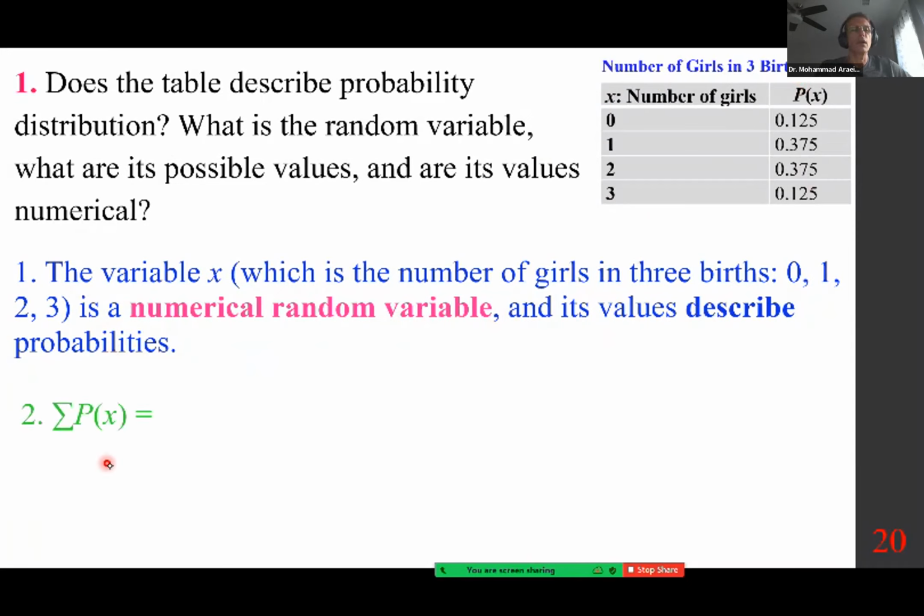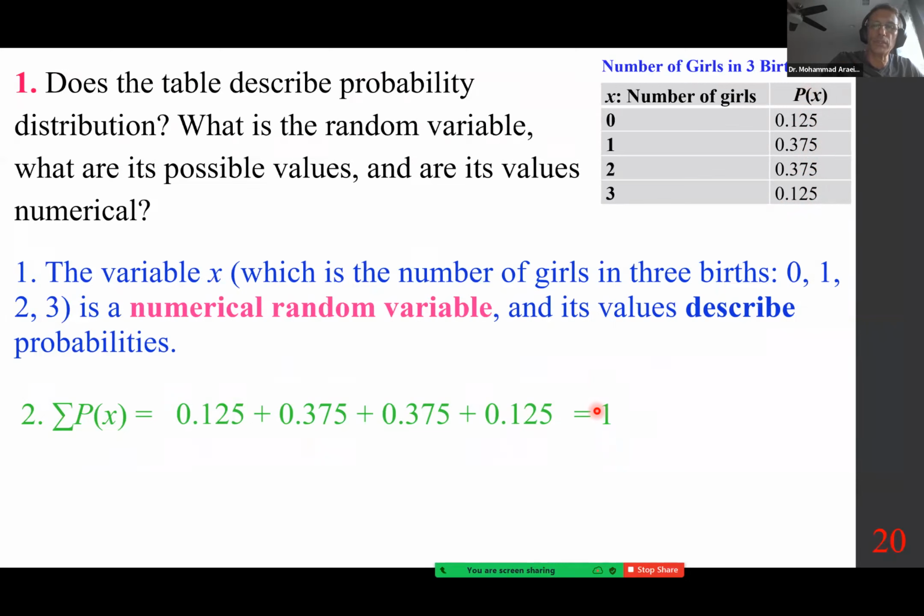Number 2, summation of P of X. Here's the P of X. Summation of P of X means add them up. So 0.125, 0.375, 0.375, 0.125. When we add them up, this must be 1.